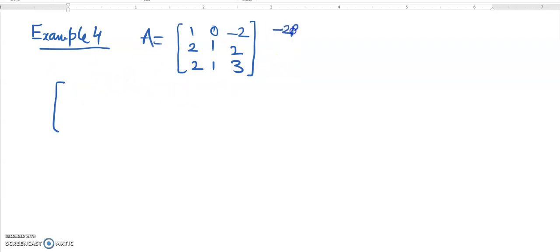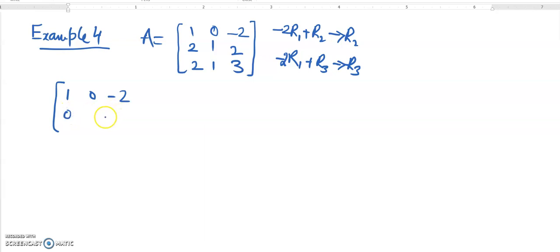So what row operation will we take? Minus 2 r1 plus r2, that is r2, and minus 2 r1 plus r3, that is r3. So it will be 1 0 minus 2, 0 1, and 4 plus 2 is 6, right?